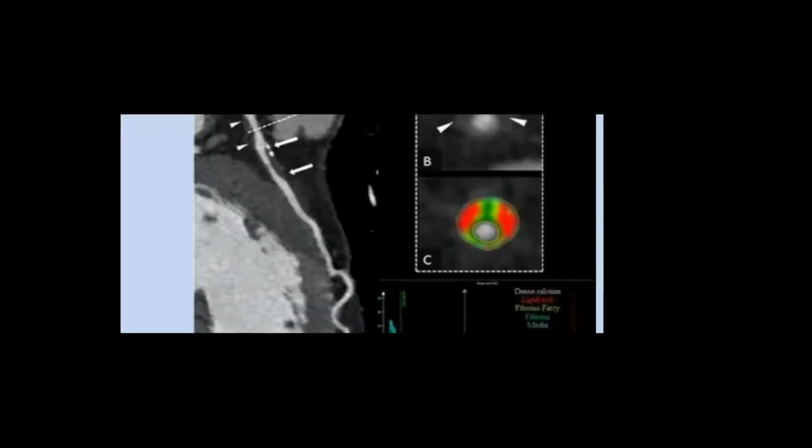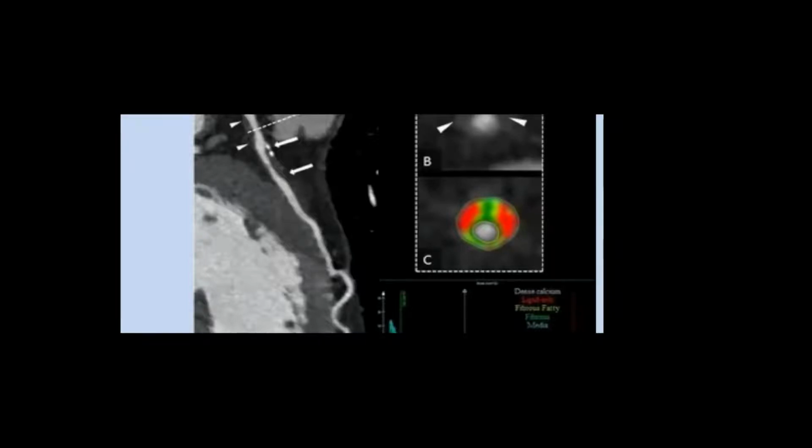This is one, but more importantly, the wall. The cardiac CT sees the wall. Invasive angio is blinded. It just sees the lumen, what is inside the lumen. That's why cardiac CT picks up atheroma much earlier than invasive angio.